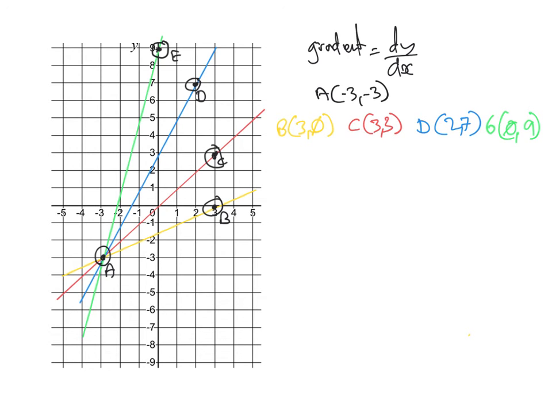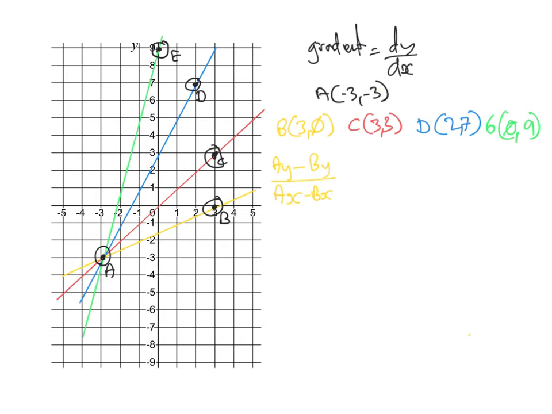Okay, so let's try and work out the gradients of these using the formula and the points we've got. So first off, let's work out the slope of line AB. The gradient of AB is the difference in y, so Ay minus By over Ax minus Bx.